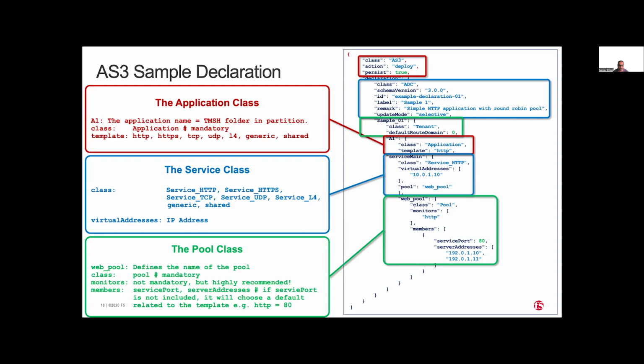So this is just to give an idea. I'm not going to go very deep into this, but this is just to make sure that you understand what AS3 is, how it can be used, and how it is structured. You don't need to know all the stuff. You just need to know where the changes are and what things need to be customized. And eventually the FAST template will be abstracting all this AS3 stuff, exposing only a couple of things out of this.